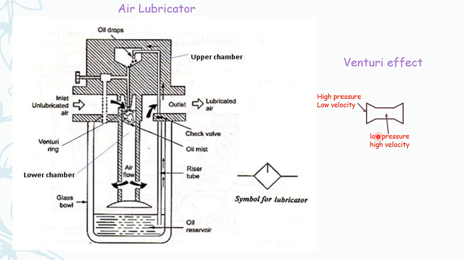At the inlet here it is high pressure and low velocity. As it passes through this smaller section, the high pressure will be converted to low pressure and the velocity of air will increase.